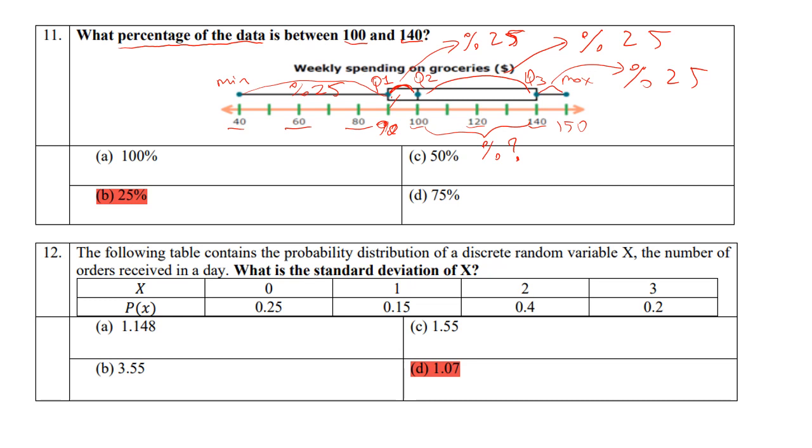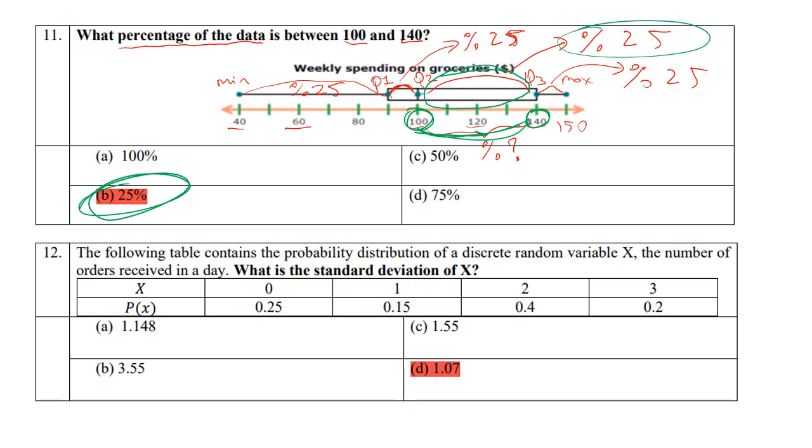So what is the percentage of the data between 100 and 140? We're asking about the percentage of the values between Q3 and Q2. It's just 25%, so it has to be 25%.